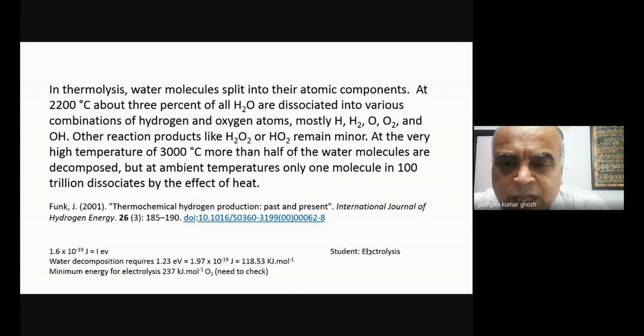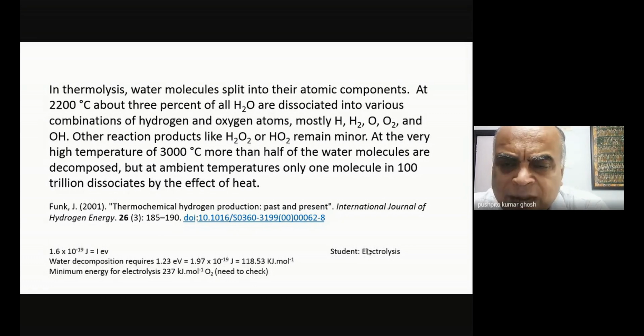So for example, imagine if I break up water into H and OH. Both are radicals and extremely energetic, very high in energy. And once I make H, I can of course combine two H's and it will form H2.